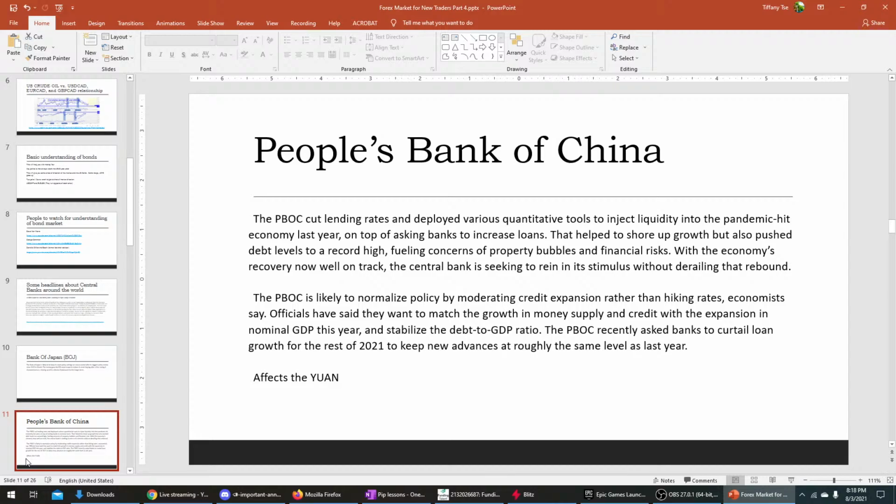The Bank of Japan cut lending rates to inject liquidity into the pandemic economy last year, on top of asking banks to increase loans. That helped spur growth in the economy, but it also created property bubbles. It's the same thing we're having right now. A lot of inflation. We see it now in the summer, in oil, gas prices, and everything.